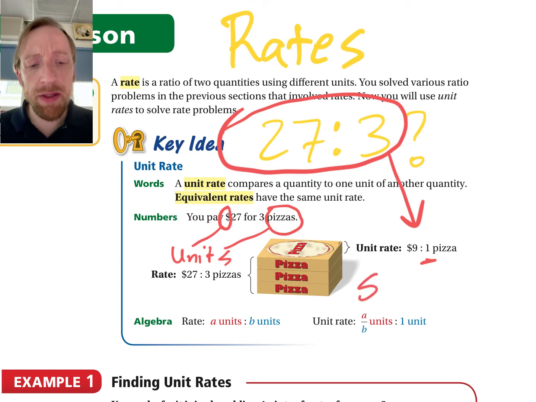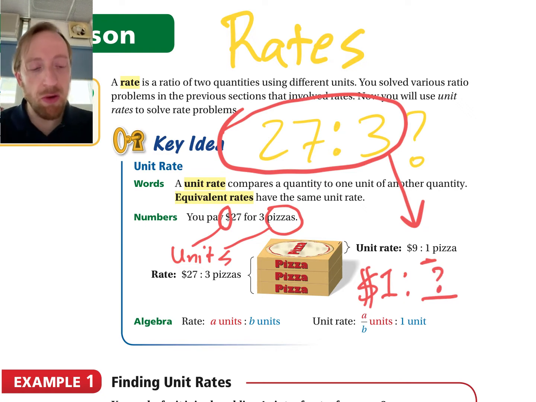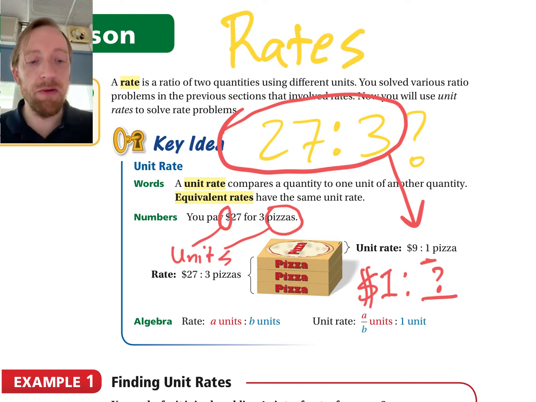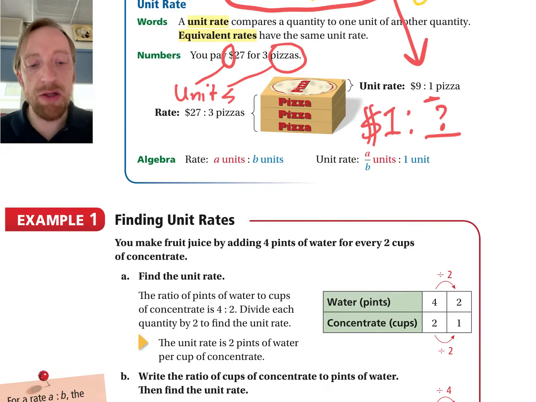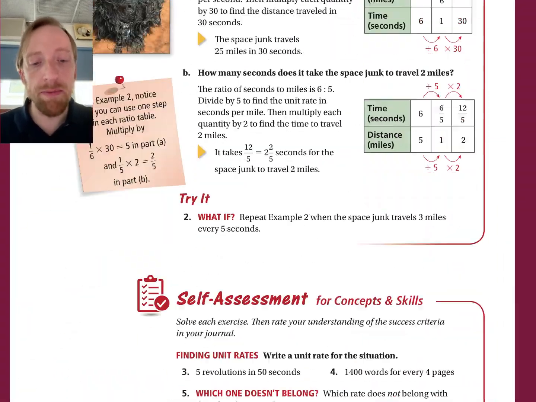We probably wouldn't want to say, how much pizza do we get for $1? Because then we're going to get a fraction of a whole pizza, and that's not as useful as saying, what's the price of a whole pizza? So be careful when you're finding your unit rate, which is something to 1, make sure you're using the most logical unit when you're searching for 1.